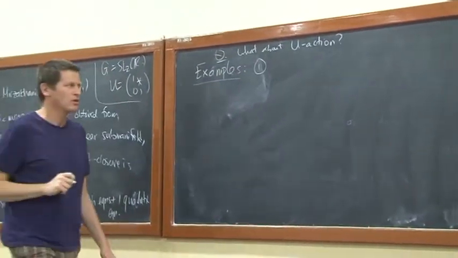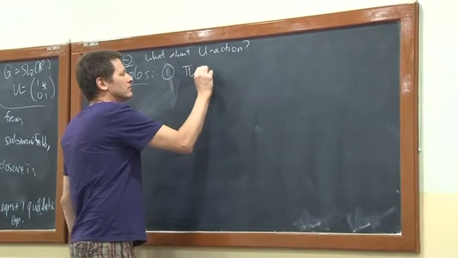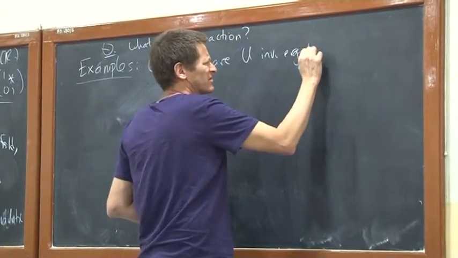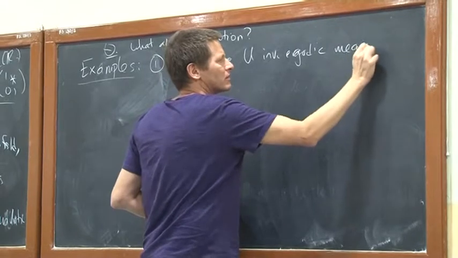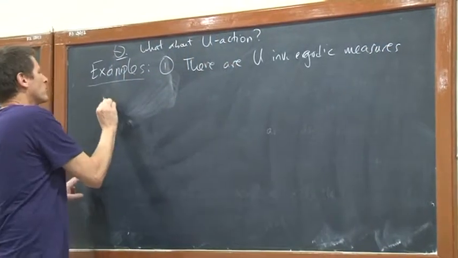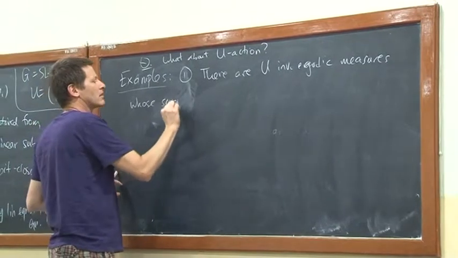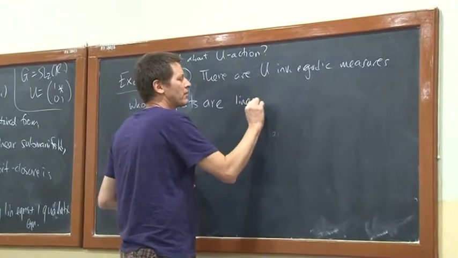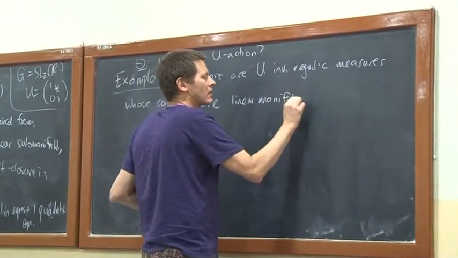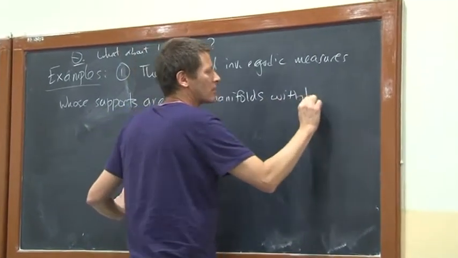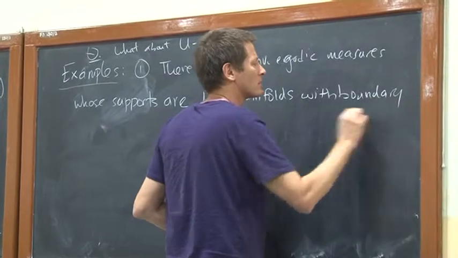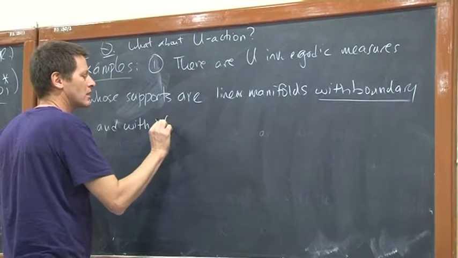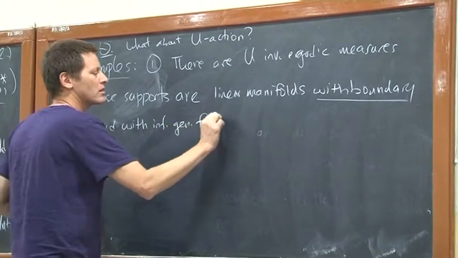In the first type of examples, there are U invariant ergodic measures whose supports are linear manifolds with boundary and with infinitely generated fundamental groups.